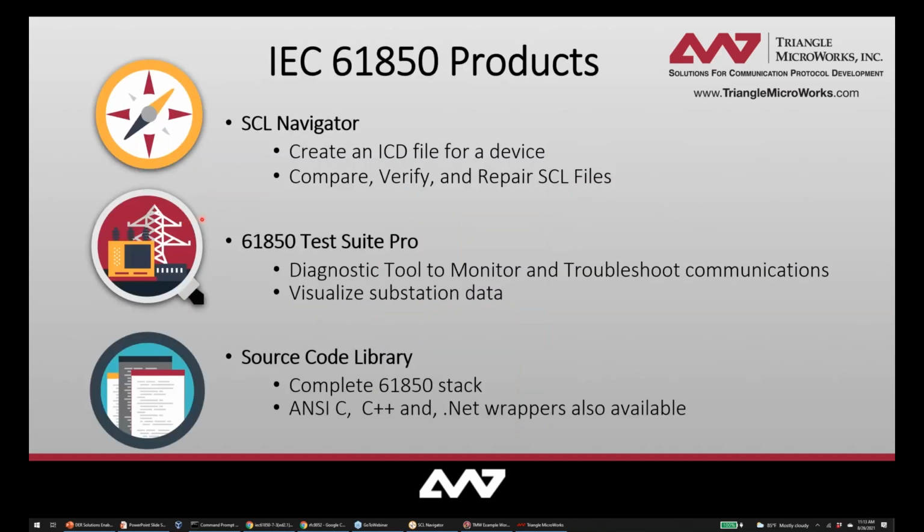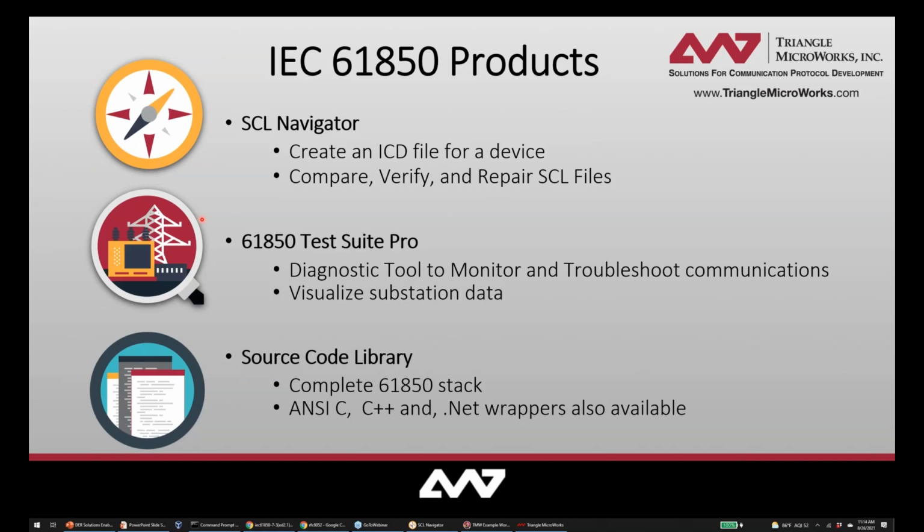And a quick overview of the Triangle products that are involved in this project. SCL Navigator is our SCL editor. It has two primary functionalities. We're going to go through today a little bit about how we create an ICD file for a device. ICD is an IED capabilities description. A device that comes from a manufacturer needs to provide this file.